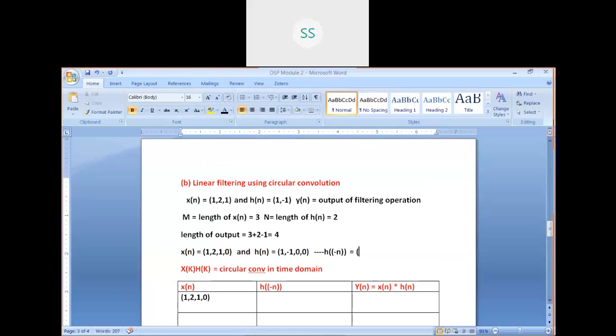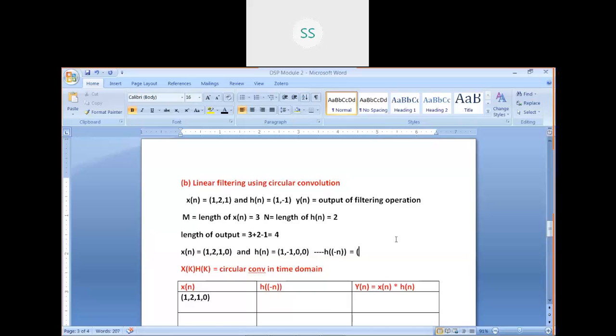Can you tell me, anyone? Aishwarya? How to write h of minus n?